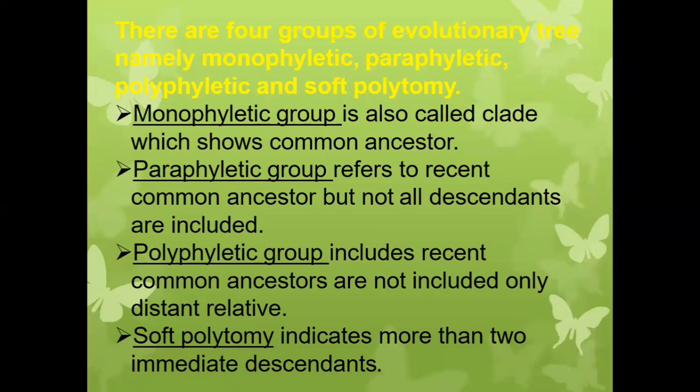Recent ancestors lang. Pag sinabi naman po nating polyphyletic group, includes the recent and common ancestors, not included only distant relative. Pag sinabi naman po nating soft polytomy, indicates more than 2 immediate descendants.